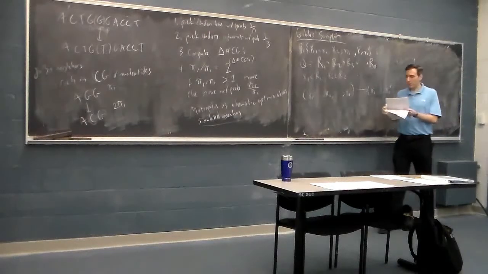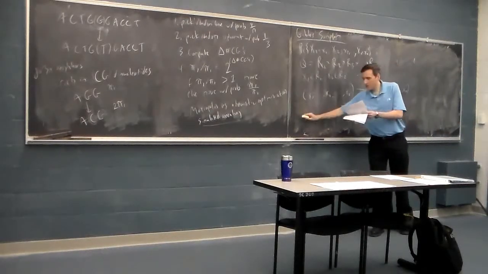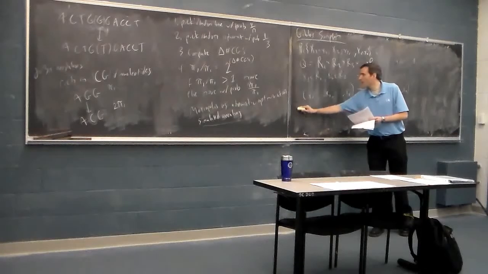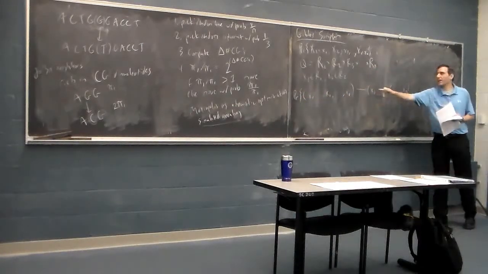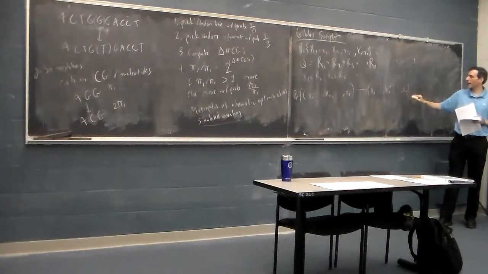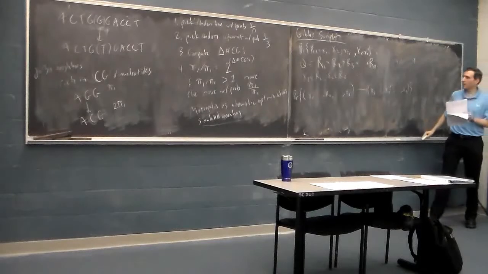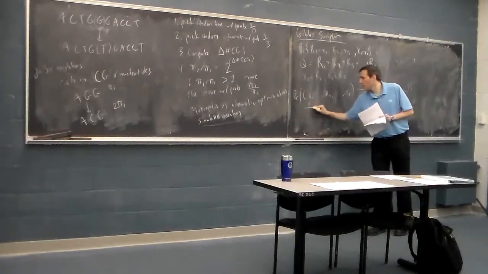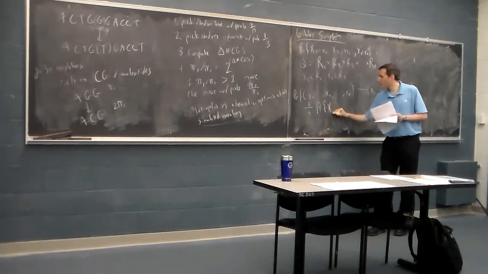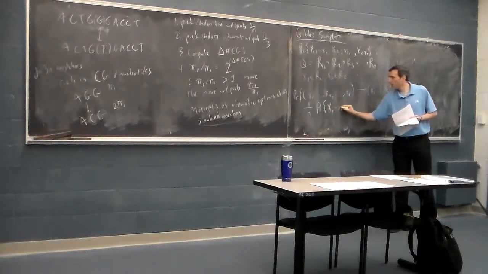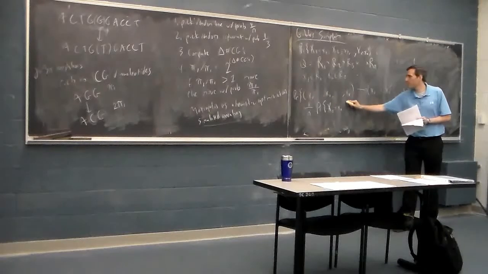And what the Gibbs sampler says is that that transition is going to have a particular probability. So the probability of going from this state where the ith variable has value xi to this one where it has value xi prime is going to be given by the following: 1 over n times the conditional probability that the ith variable takes on value xi prime, given that all of the other values are fixed.